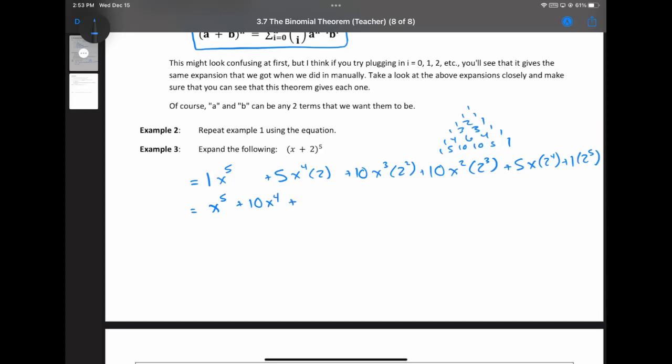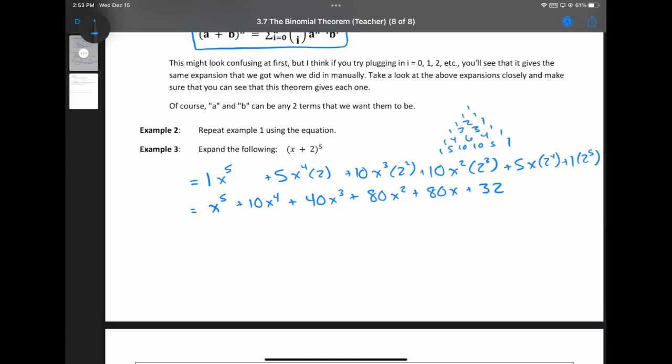The next one is 10 times 4, so 40x cubed. The next one is 10 times 2 cubed, which is 8, so that's 80x squared. 5 times 16 is 80x. And the last term is 2 to the fifth, or 32.